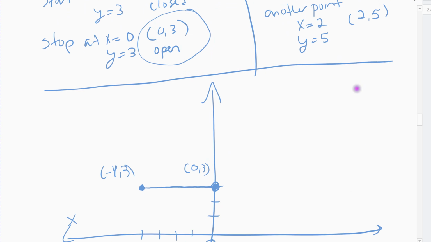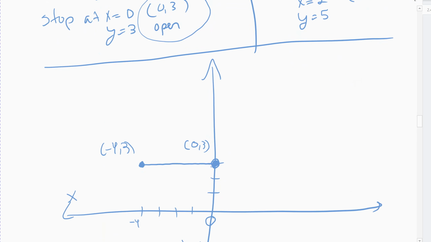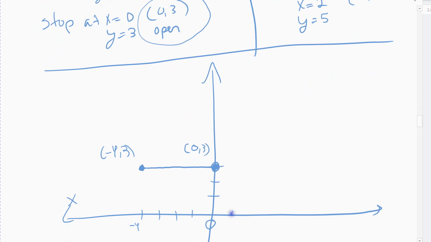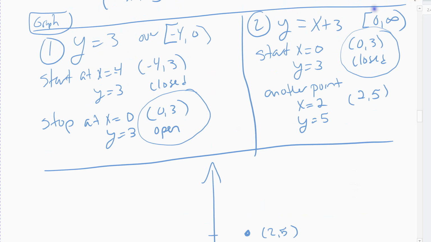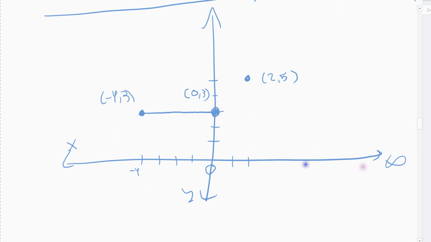And so it starts at the point 0, 3, so I close that 0, 3 in. And then I draw my second point, which is at 2, 5. It doesn't stop at 2, 5. Remember, this goes off forever, shooting to infinity. So it's just going to go through that point, and then I'm going to keep drawing it, and it goes off forever. And so there's my second piece.